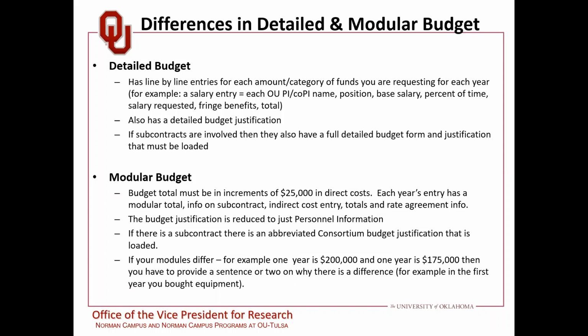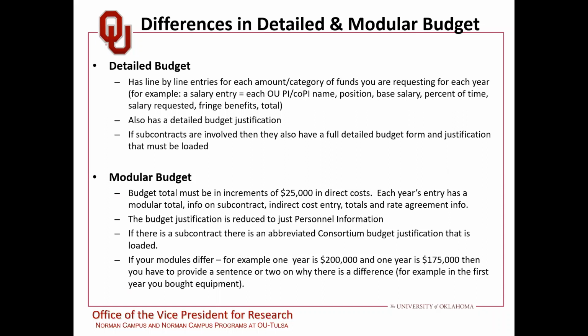The budget justifications are different if you're doing a modular submission. All they want is a personnel justification, which talks about the effort and the time that personnel is working on your proposal. If you have a subcontract, they want a consortium justification, and all that says is whether or not the subcontract is a domestic entity, and then has their personnel information of how much time and effort is being spent on the proposal.